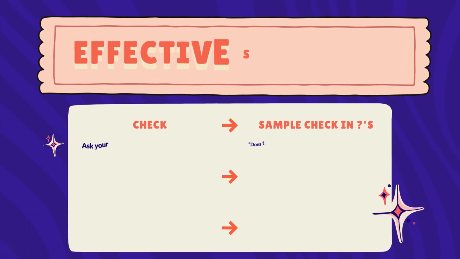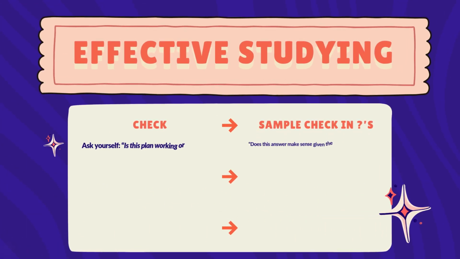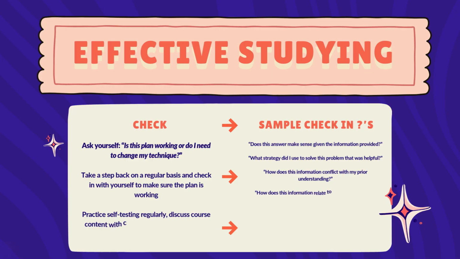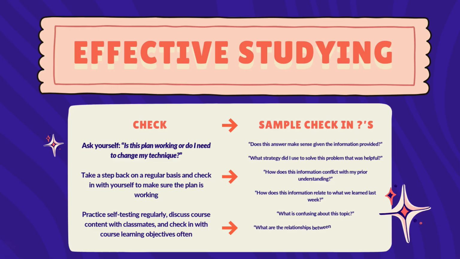The last stage of the study cycle is to check. Here's another moment where you can ask yourself a question. Is this plan working, or do I need to change my technique? Take a step back on a regular basis from the current routine that you've established and check in with yourself to make sure that the plan is working.